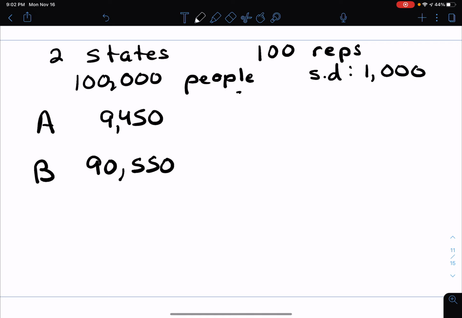So standard quota, divide by 1,000 because that's your standard divisor. You're trying to see how many groups of 1,000 does each state have. So just move your decimal 3 places to the left and get 9.45. The integer part is 9. For State B of 90.55, integer part is 90.